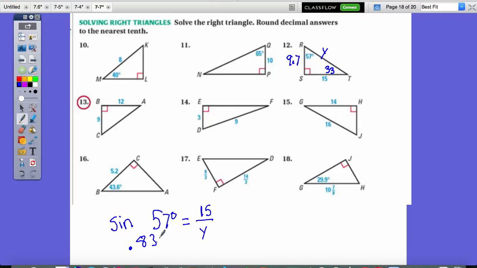That's 0.8387. Okay, 15 divided by 0.8387 is 17.9.